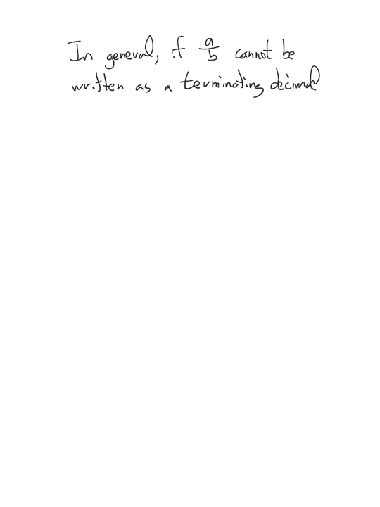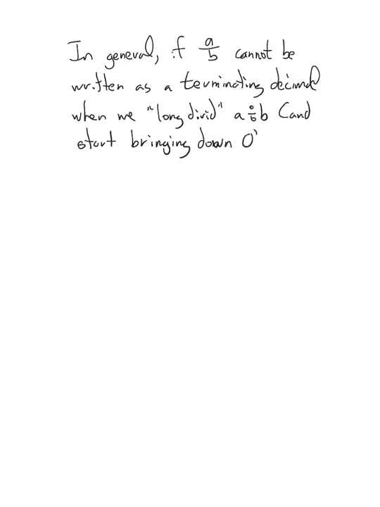So, in general, if A over B cannot be written as a terminating decimal, when we long divide A divided by B and start bringing down zeros, we will eventually run out of new remainders.